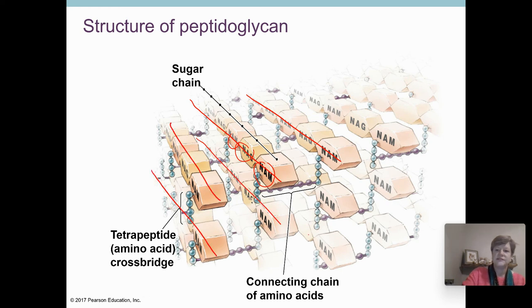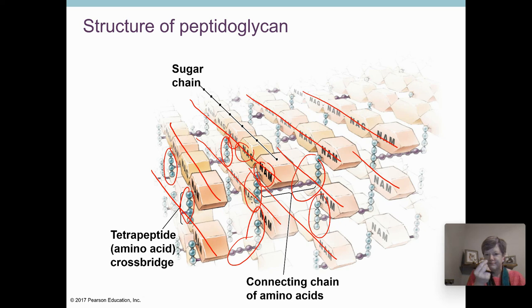So all these strands are all stacked and bunched together to make the cell wall. Then you have these little amino acid chains shown like little beads, but those are amino acids in small chains that connect together these strands to each other. And so the sum of all of that is peptidoglycan, the main part of the cell wall.